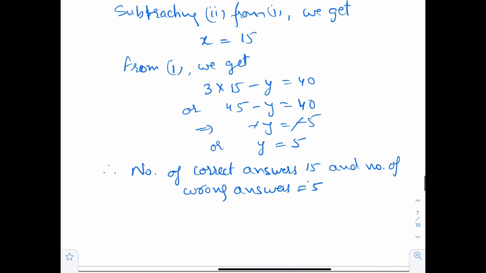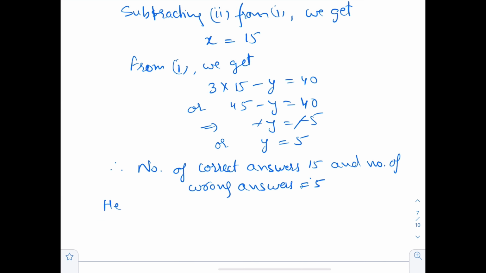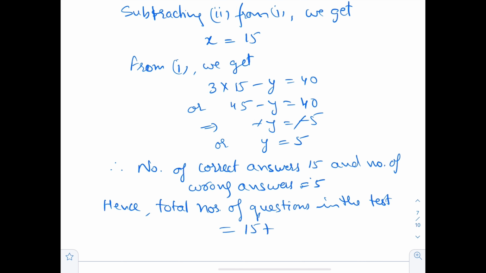So total number of questions, how many? Hence total number of questions in the test equal to 15 plus 5 equal to 20. So 20 is our answer.